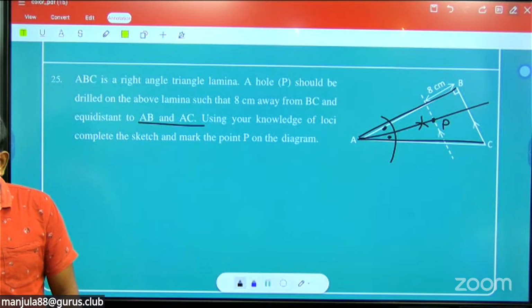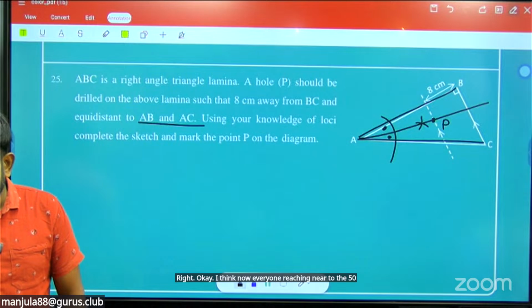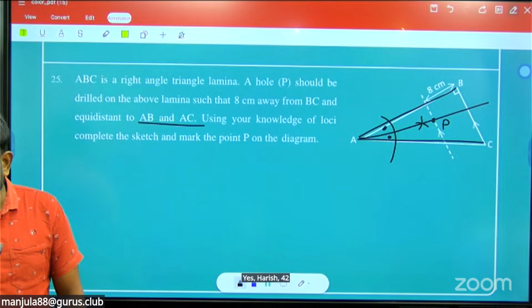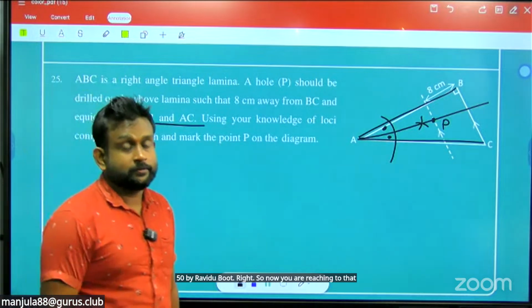Okay, I think now everyone is reaching near 50, right? If you are reaching 50, that is a very good achievement. Yes, Harish, 42, 50 by Ravidu, good, right? So now you are reaching that level. Very happy about that.